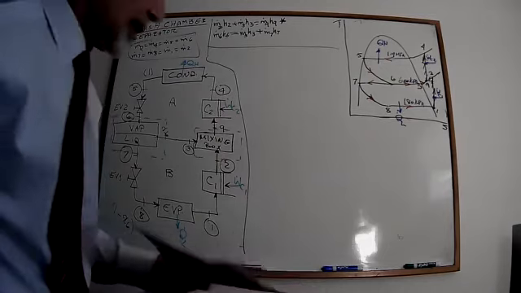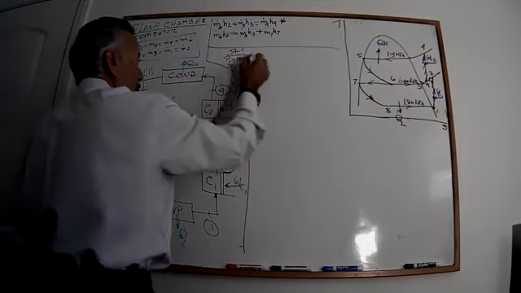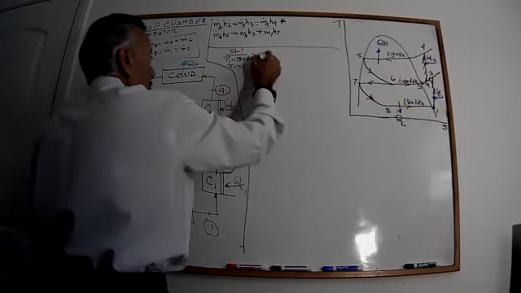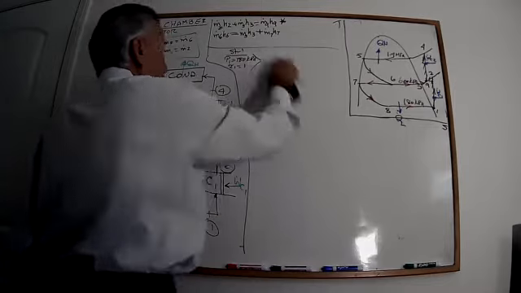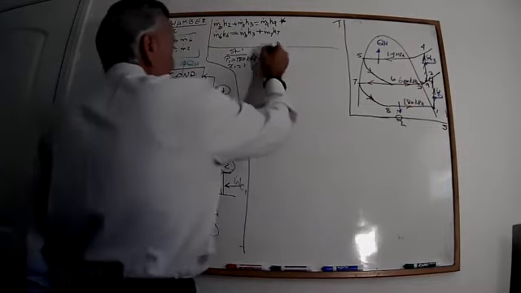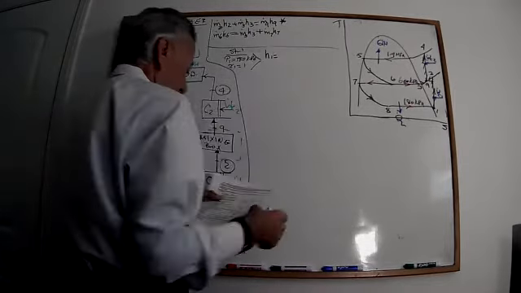now we can write again at state 1. We have P1, 180 kilopascal, X1 is equal to 1. Again, we find H1 and S1. I'm going to make these things a little bit short, I'm going to run out of time. In this case, the value of H1 becomes 242.96 kilojoule per kilogram.